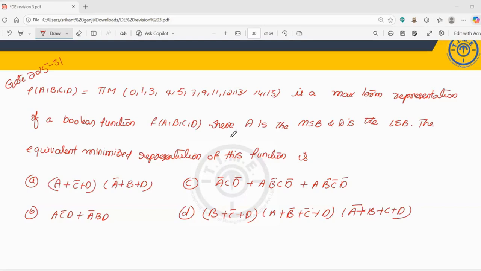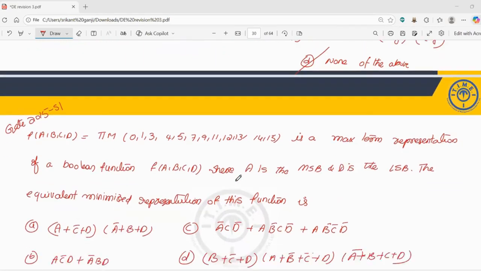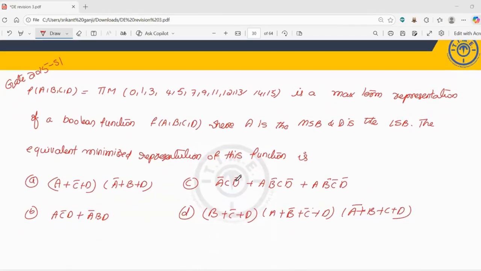Ismo, what is the answer for this one? What is going to be the answer for this one? Option C. Yes, ma, correct.